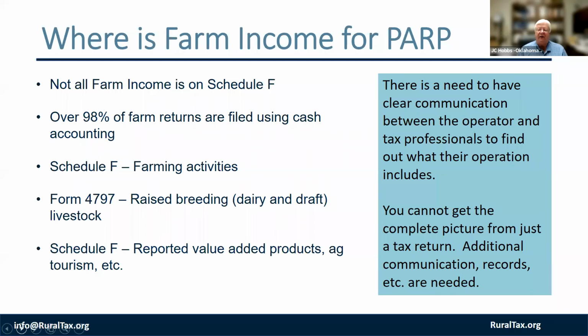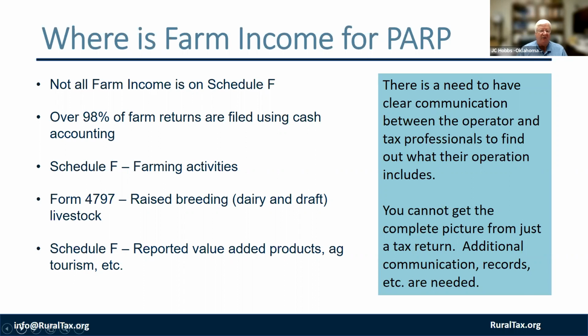Also, we can't get a complete picture from just a tax return. Additional records, additional information is needed. So communicating with the tax professional is very important when we start to look at completing the application and all the information from the tax return as well.